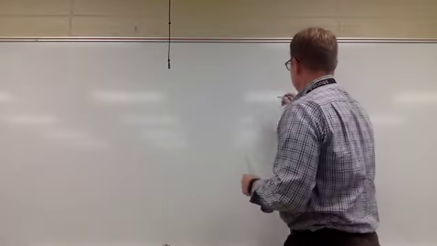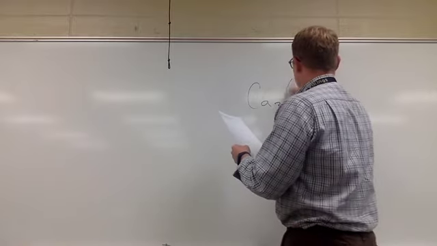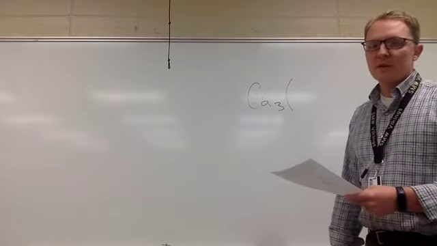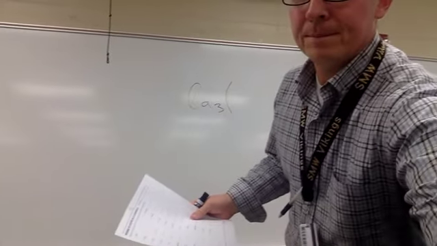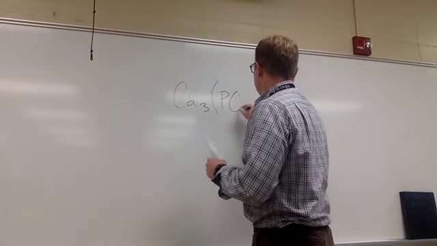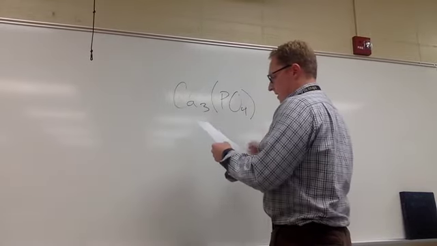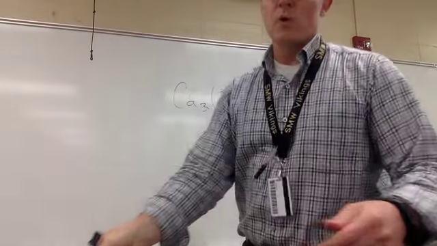And so calcium with a 3 next to it. And here we've got parentheses. So now we're going to start worrying about parentheses. Let me shift the camera a little bit. What do we do when we have capital letters inside of a parenthesis, and then we have another subscript outside of it as well? Let's start with what we know.